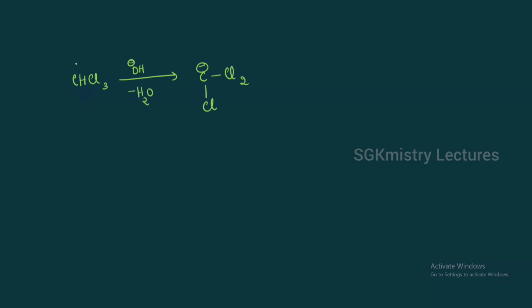So this becomes the minus charge. Now this Cl also can be removed, that is minus Cl minus, because of which you get the dichlorocarbene.